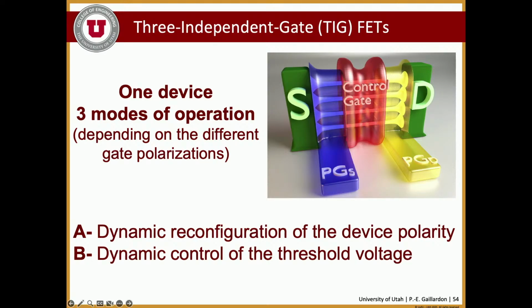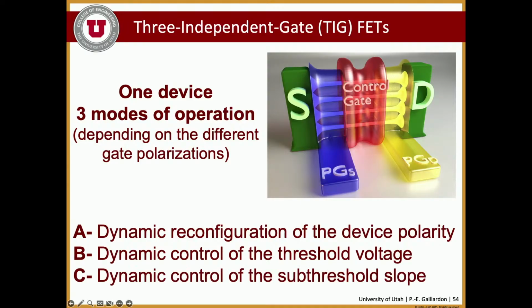We also have a dynamic control of the threshold voltage, so you can change the properties from high performance to low power, essentially, dynamically. And also having a control of the steepness of the transistor, what we call the threshold slope. So it's how steep that device switches, and that leads to interesting properties for analog operation and RF operation, and we'll briefly look into that.